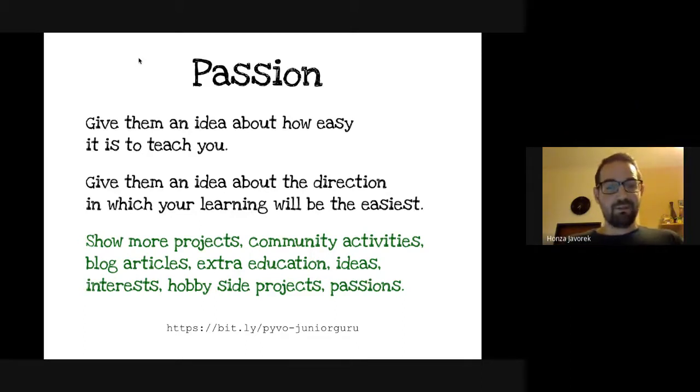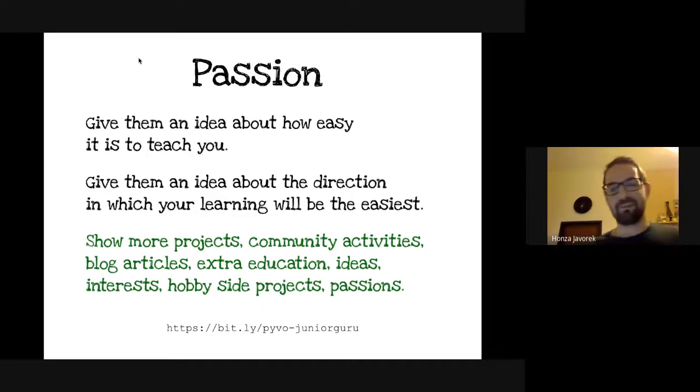So you want to mention projects, community activities, blog articles, extra education, ideas, interests, hobbies, passions. Basically, any multiplier which plays in your advantage and shows your direction.